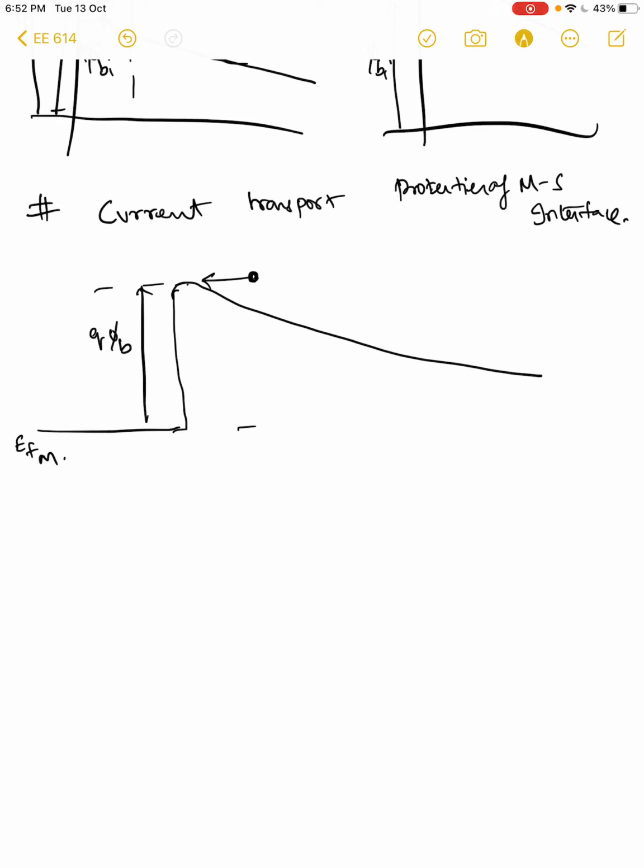So if electrons have energies larger than this, then they can just transport across this barrier without any problem, right? And the population of such high energy electrons just depends upon the temperature of this distribution, right?